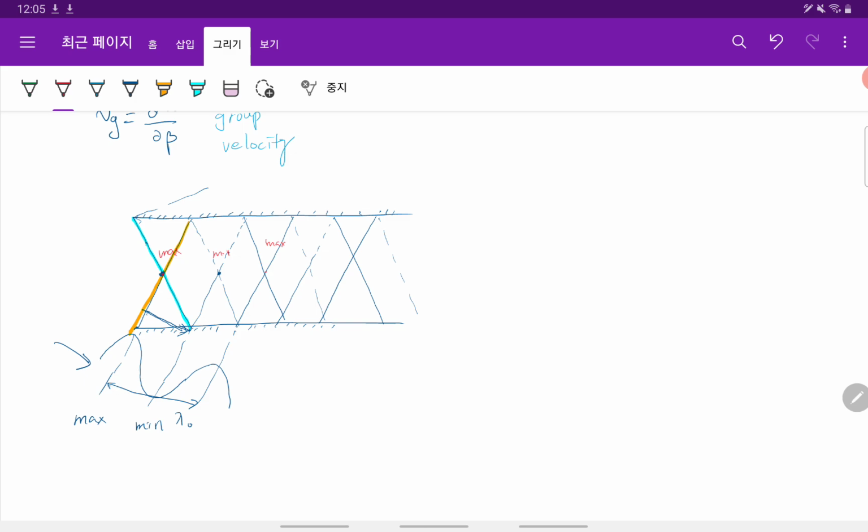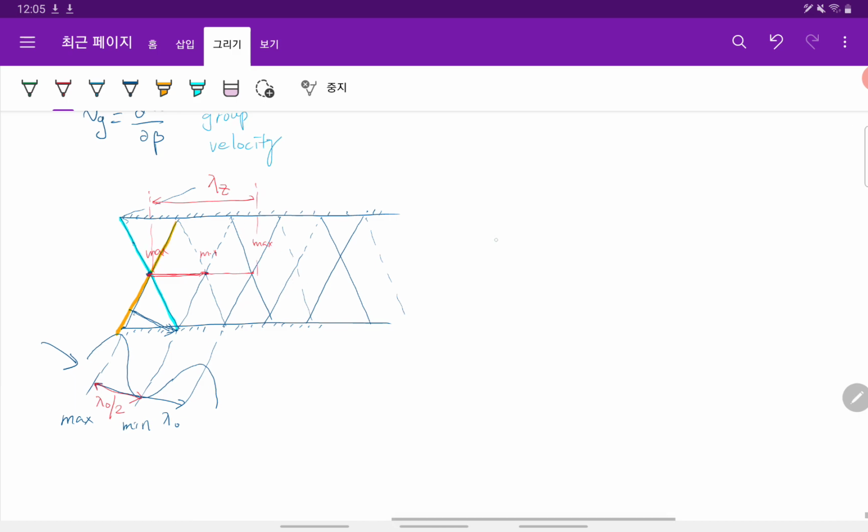If you compare with this length, lambda 0 divided by 2, this length is longer than lambda 0 over 2. So max to max will be lambda z, the guided wavelength. Lambda z is definitely longer than lambda naught.